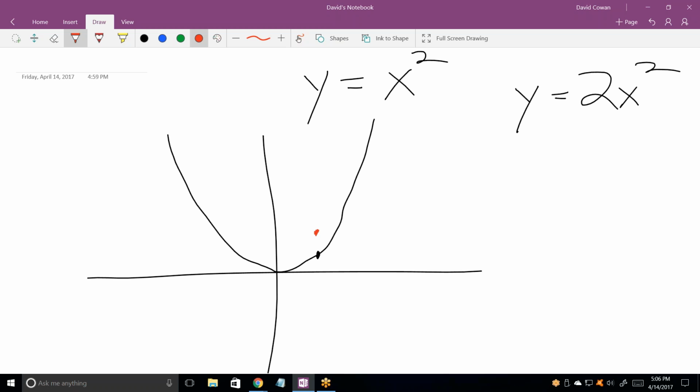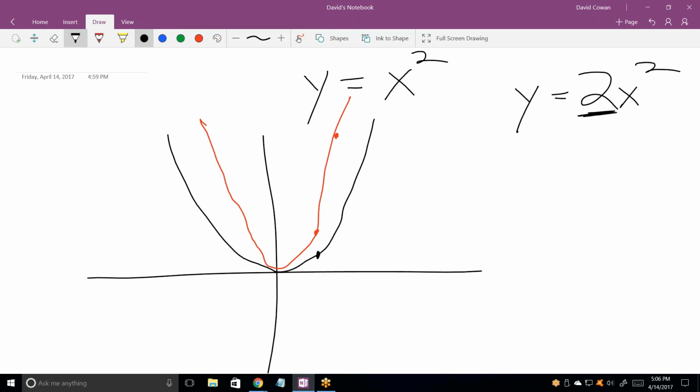And if I have a point here, in red, it would be up there. You see that? Well, if I draw that parabola, it makes it narrower. So when you have a leading coefficient that's greater than 1, it's a vertical stretch, is what it's called. It makes the thing skinnier.